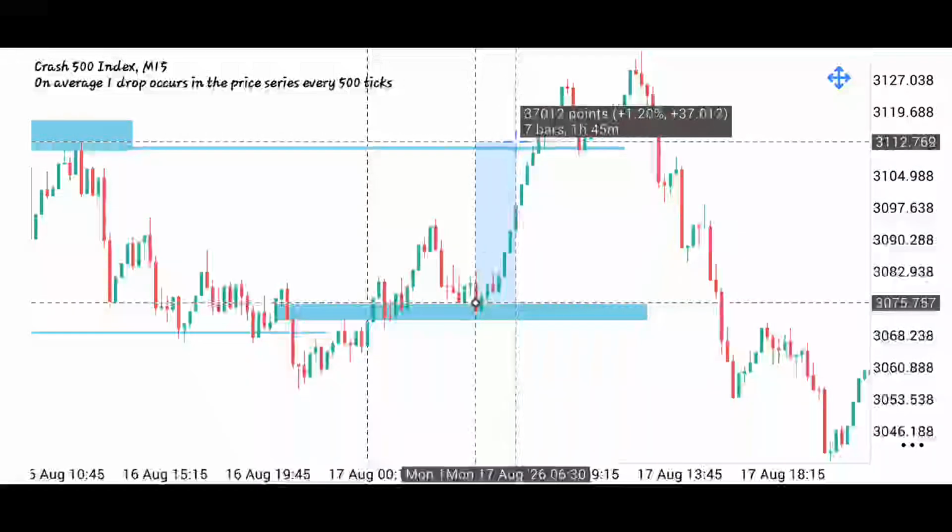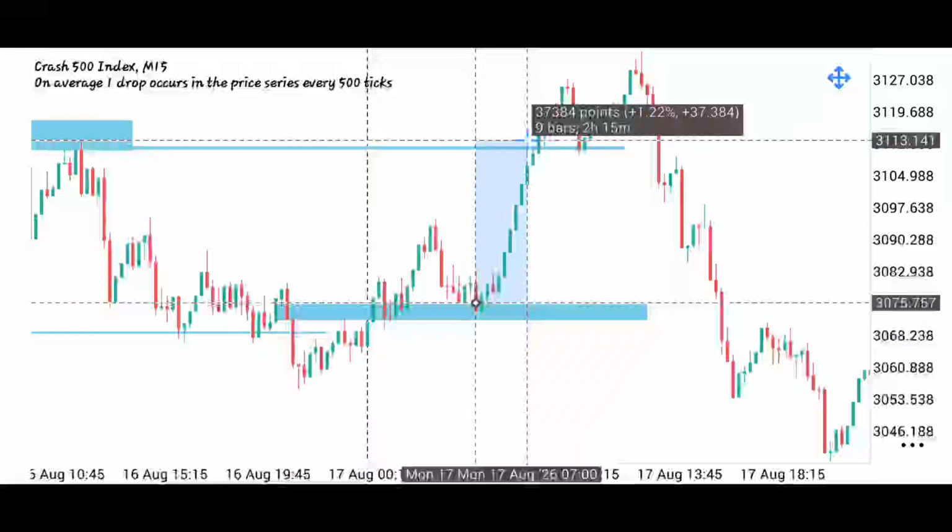Then our target would be at 3112.583, which is this point. So you can just place your trade and put the points in, and if all the elements are respected, the trade should just follow those levels, and that is the trade setup.